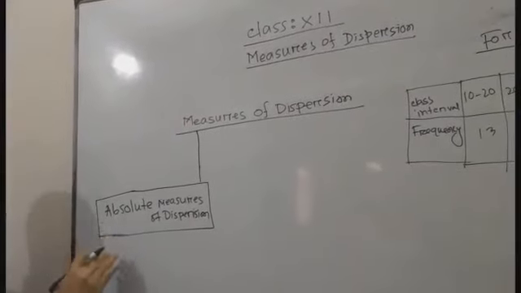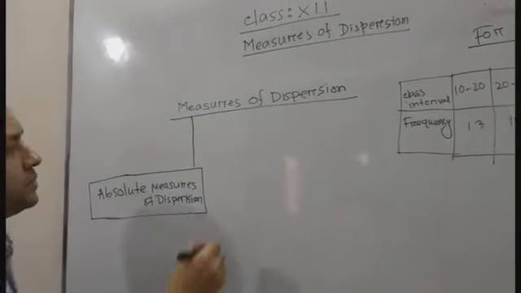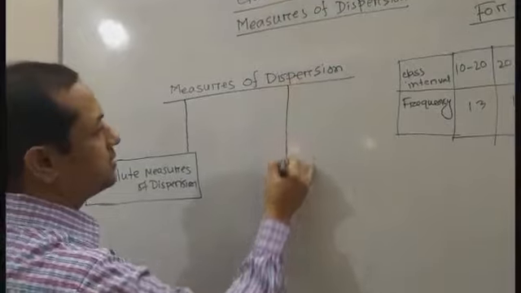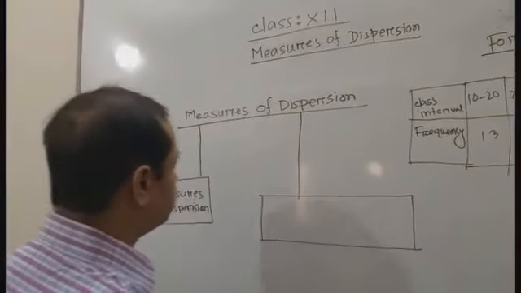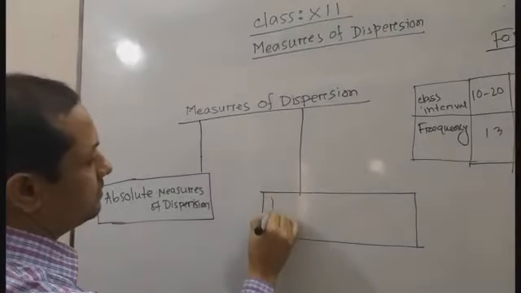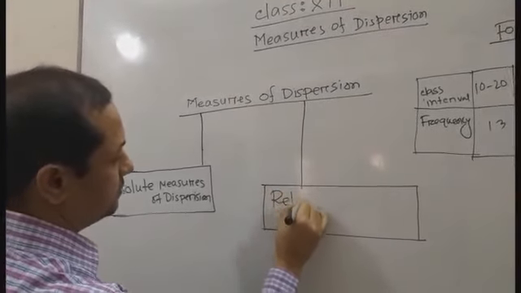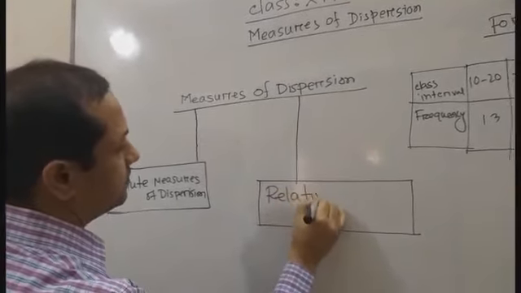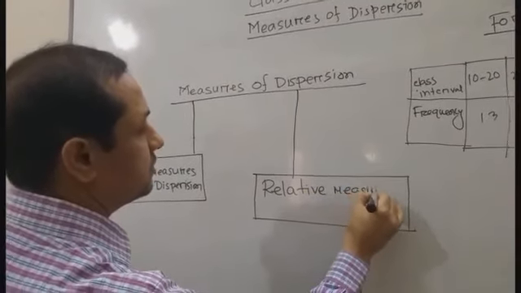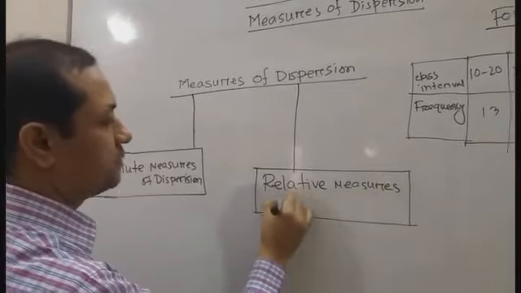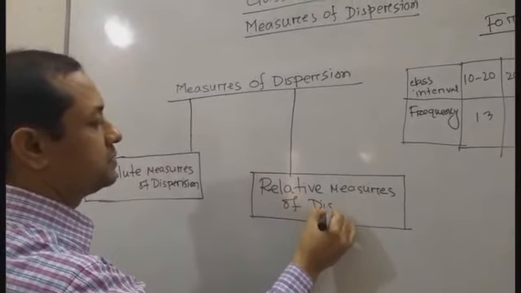First number, absolute measures of dispersion, and second number, relative measures of dispersion.